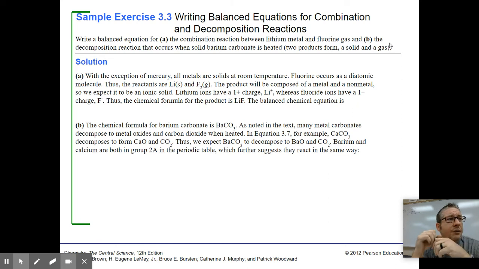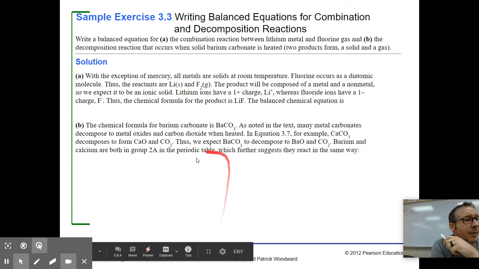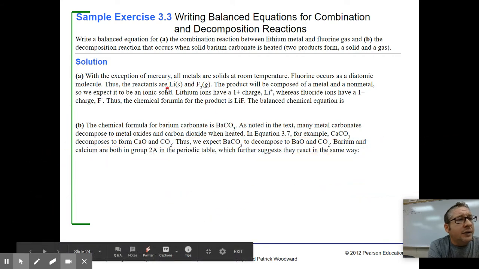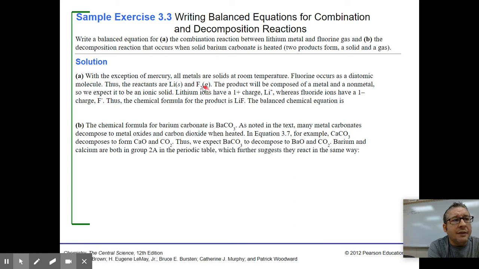Okay, so right now it says for A, all the way at the very top, write a balanced equation for the combination reaction between lithium metal and fluorine gas. Okay, if you see my little pointer here, you should be able to see that now. Lithium is a solid and fluorine's already a gas. So Li and F2.